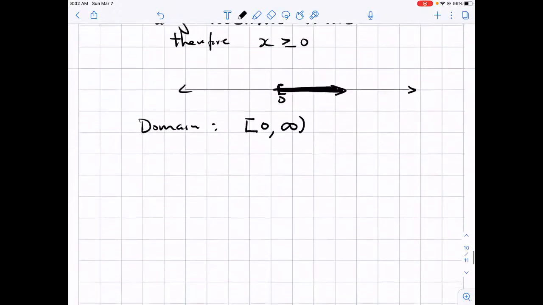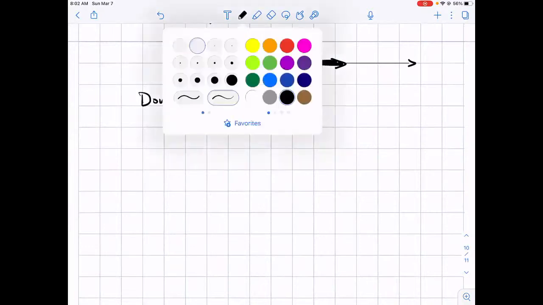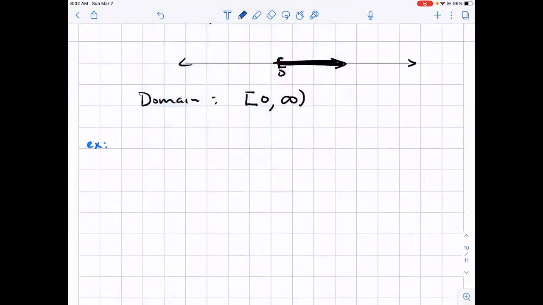Now you will notice that if you look at another example of this, let's say g of x is equal to x squared plus 2x. Identify the domain.